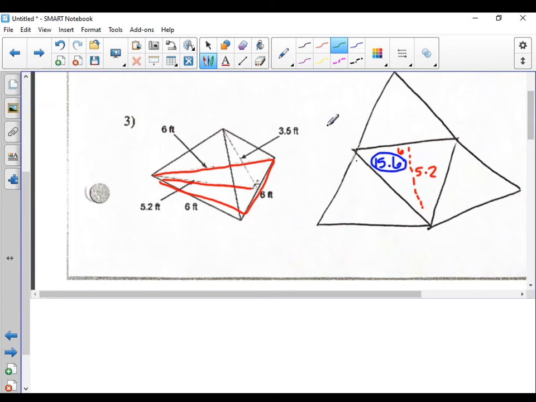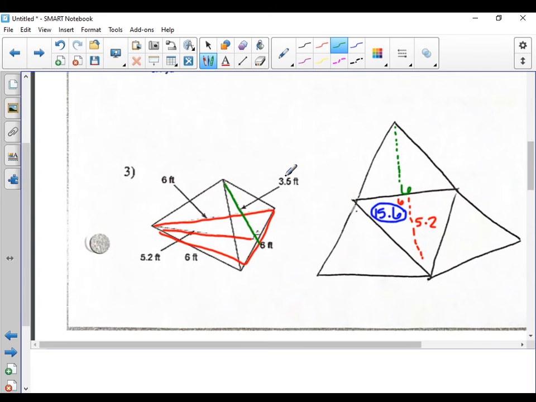Now I'm looking, they all have a base of 6. I want to find the height of the outer triangles, which tells you that right here. 3 point, I don't know if that says 6 or 5. I can't tell, honestly.